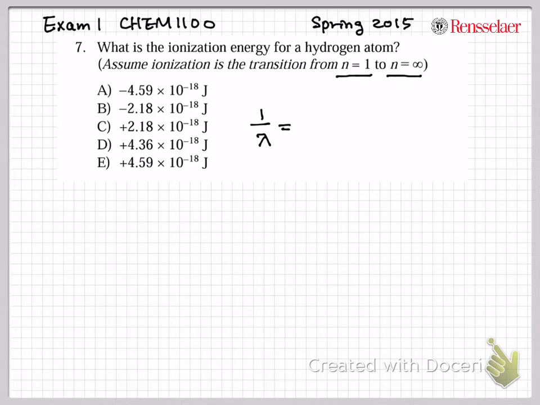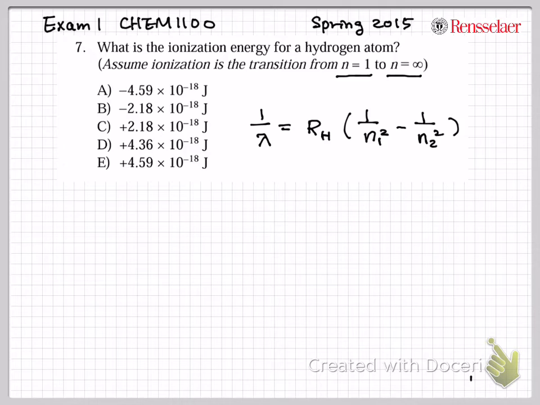It says 1 over lambda, which is 1 over the wavelength of the light to excite this electron from one state to the other in hydrogen, is RH times 1 over n1 square minus 1 over n2 square.